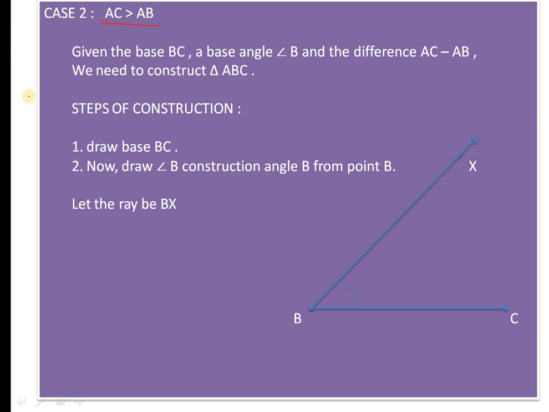So steps of construction. Draw base BC. Now draw angle B, we can say angle XBC, and let the ray be BX.